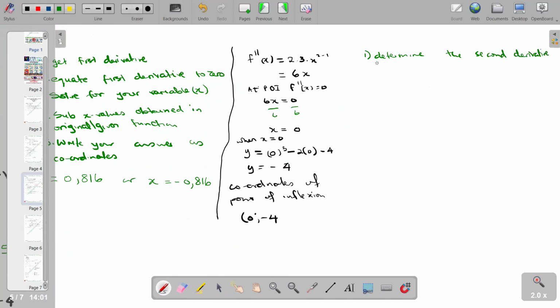How? It means you have to differentiate the first derivative. Number two, equate the second derivative to 0.